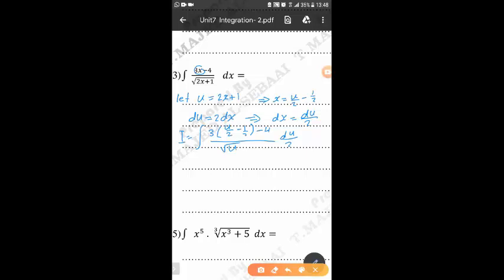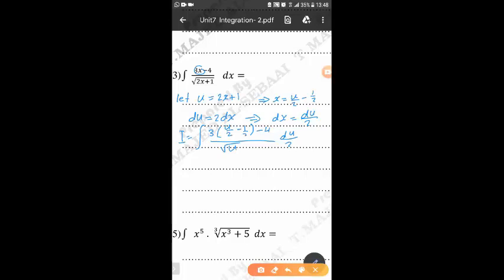Okay, that really made it easy now because the denominator gets one thing only. Before it was a root with a polynomial inside the root. Now it's only one thing, root u.